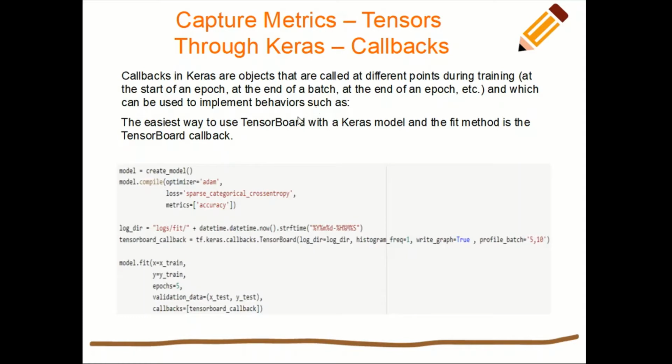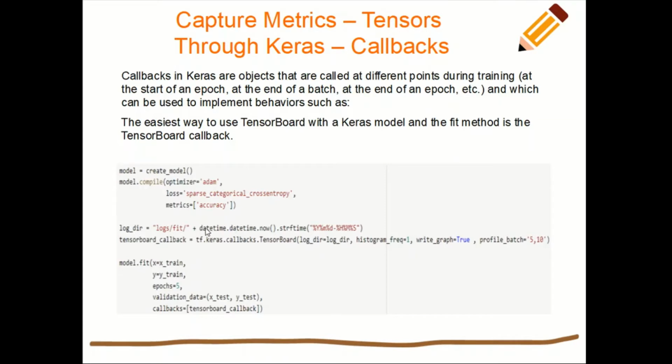So there is a callback function which is called tf.keras.callbacks.TensorBoard. That's the callback that we can use to log all the scalars and the metrics very easily if we are using the Keras API. So what we do here, we have a model already created. We are compiling that model as usual in Keras, and then we just declare this logging directory here.